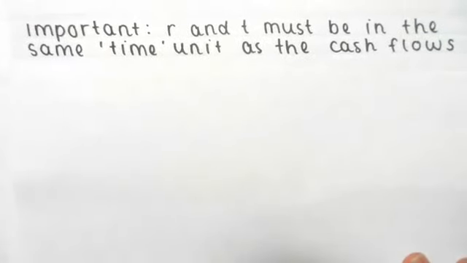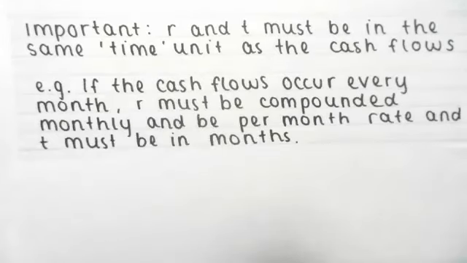Now, what is important is that R and T must be in the same time unit as the cash flows. What I mean by that is that if we've got cash flows occurring at the end of each month, then the interest rate must be compounded monthly and must be a per month rate, and T must be in months.